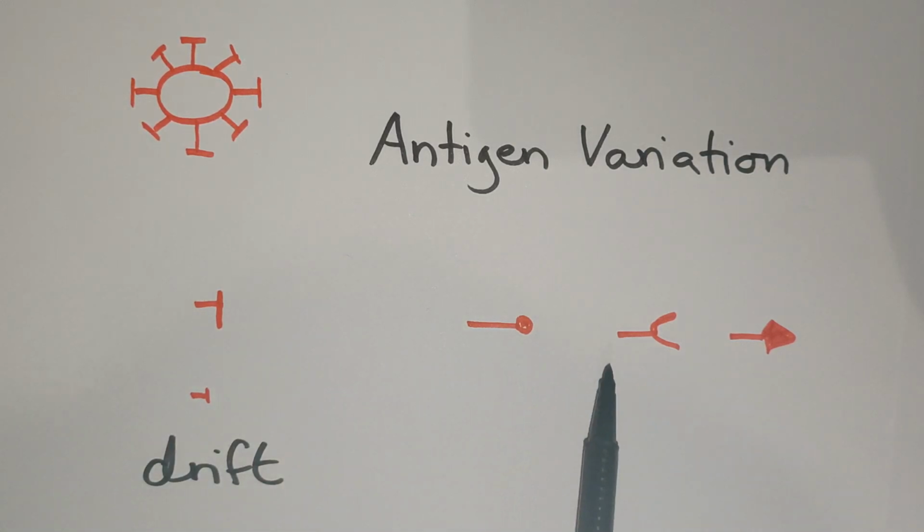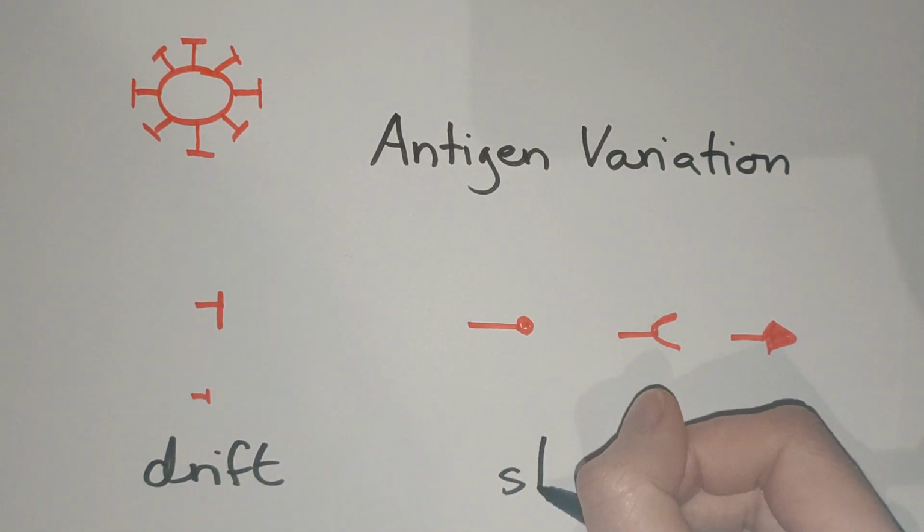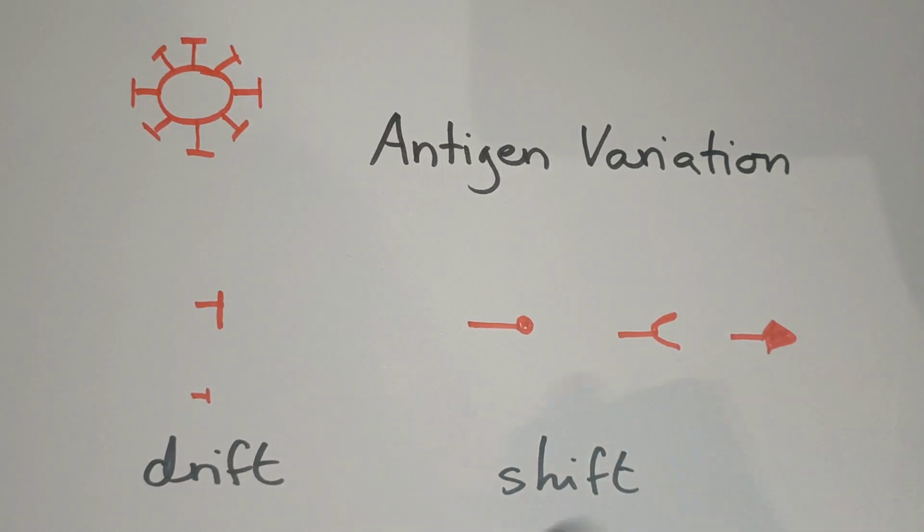This antigen is no longer complementary to all of those memory cells inside our body. Therefore, they are completely useless. So because we have had this antigenic shift, your body is no longer immune to this disease because it cannot recognise that it is one and the same.